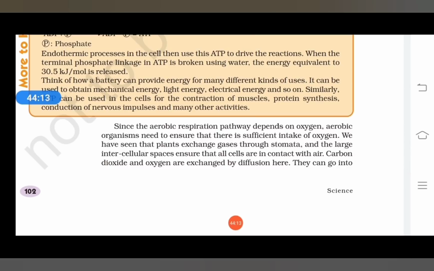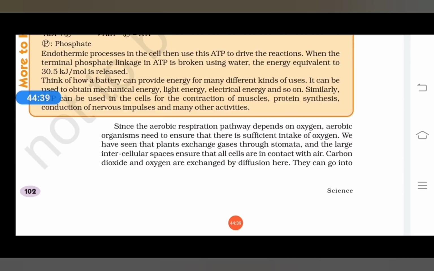Since the aerobic respiration pathway depends on oxygen, aerobic organisms need to ensure that there is sufficient intake of oxygen. We have seen that plants exchange gases through stomata, and large intercellular spaces ensure that the cells are in contact with the air.